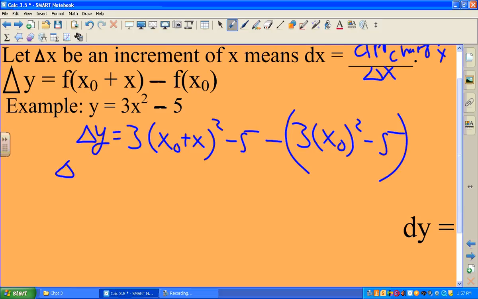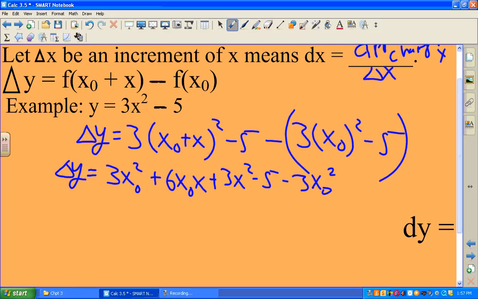So delta y equals 3x sub 0 squared plus 6 x sub 0 delta x plus 3 delta x squared minus 5 minus 3 x sub 0 squared plus 5.